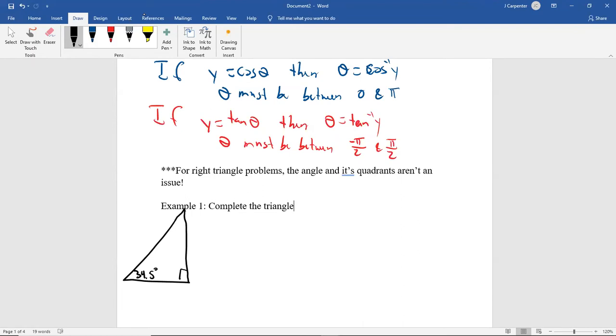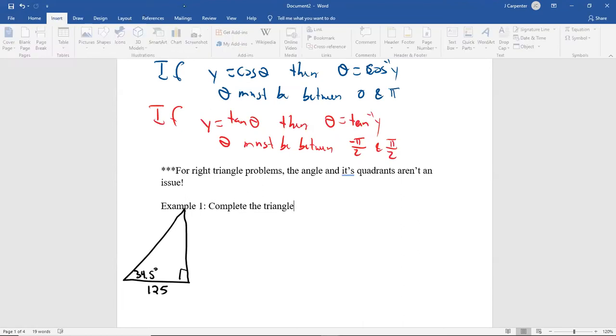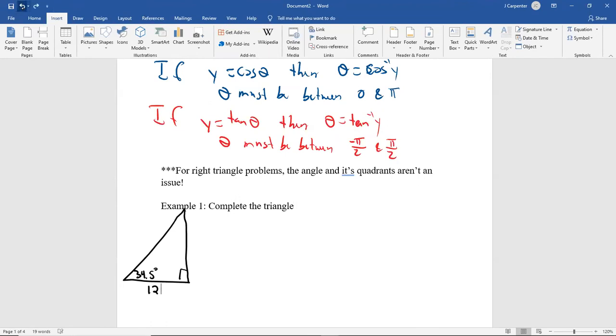I'm going to tell you that this distance right here is 125. I'm sorry, that's not right. I'm looking at a later example. The 34.5 is right though. It's 10.5. And that's it. That's all I'm giving you.